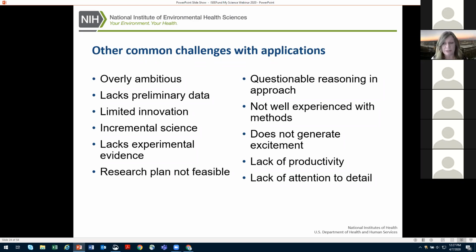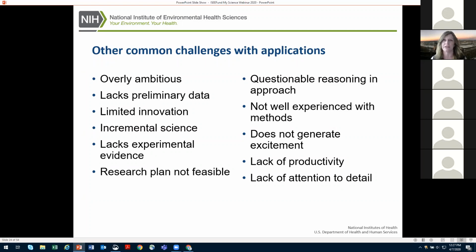If you don't have the preliminary data, you better have a lot of other background science to back it up. Limited innovation is an issue in epidemiology, but if you're going to a study section that is a basic epidemiology study section or a community health one, the innovation may just be the question that you're asking. Is it important to that community? Incremental science, if you're in a mixed study section because you're going to an RFA, you just really have to sell what the public health relevance is here.